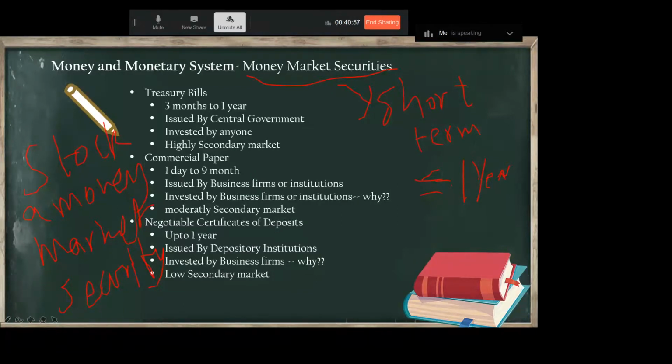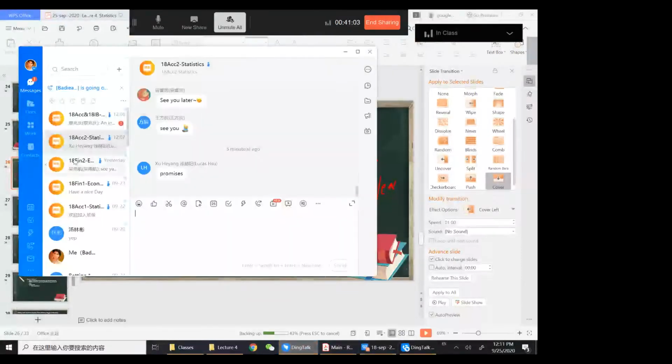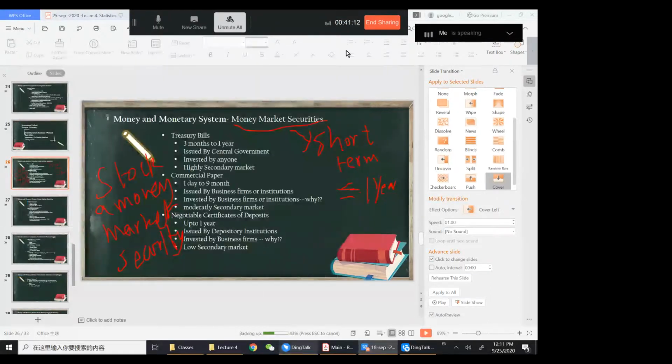Let me see if someone is answering or not. Investment instrument other than, okay, that's right. But tell me, is stock a money market security? I will say no, it isn't.